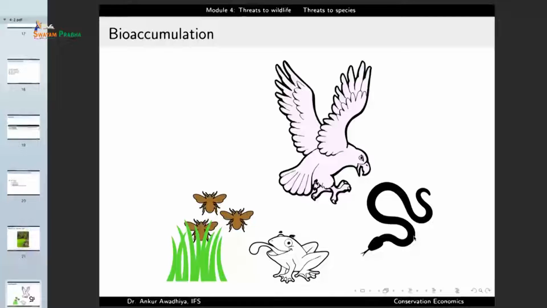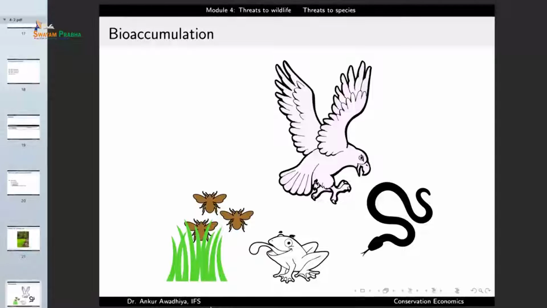Now, when we say bioaccumulation, what it means is that suppose we had sprayed an insecticide onto the agricultural fields, and together with the wind, it has also reached other areas. It has reached grasslands, and it has reached forest areas. Now, these grasses also have a certain amount of pesticide.